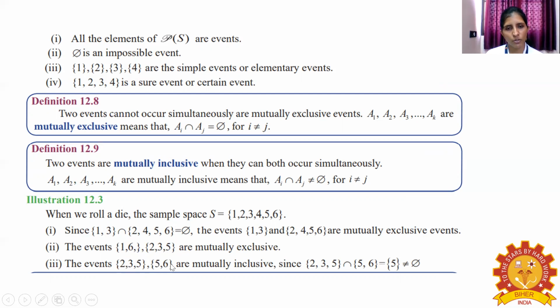So this is called mutually inclusive because we have one element in common in both these sets. The intersection of both the sets has one element in common, that is 5. Therefore this intersection is not equal to an empty set, so we call this a mutually inclusive event.